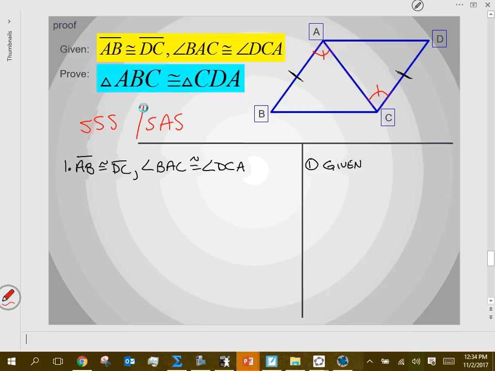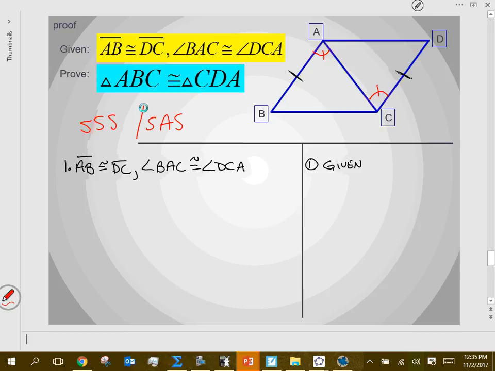My hope is that you recognize that you have information that aligns itself best to use what process? Which of those 2 things? Should I use side, side, side, or should I use side, angle, side? Side, angle, side, right? Side, angle, side probably is. Now maybe that won't always work, but looking at the things that I have, that's probably the first thing to try, because you have an angle, right?